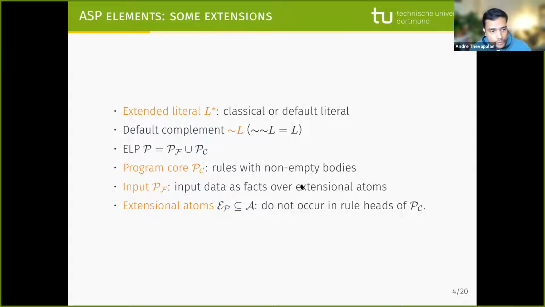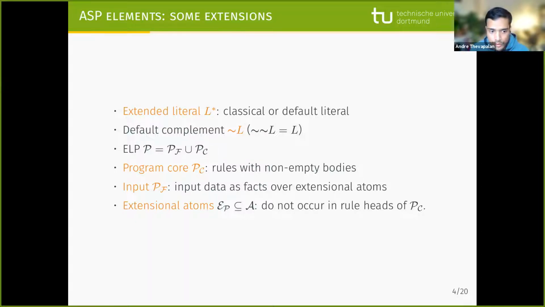We will talk about extended literals whenever we mean a classical or default literal. The snake symbol for not we will also use to denote the default complement for a literal. And as I mentioned in the beginning, we will distinguish in a program P between the input data and the program core.